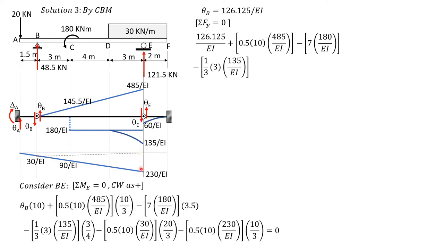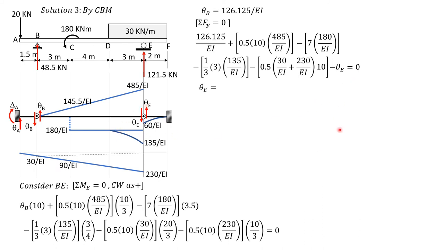So let's treat this as a trapezoid because we are just computing for the area. So minus 1/2 or 0.5 of the quantity 30 over EI plus 230 over EI times 10. Then minus theta E equals 0.